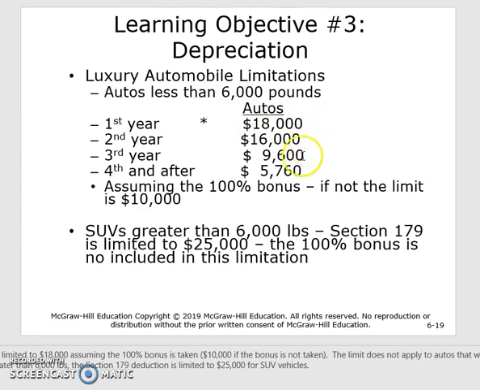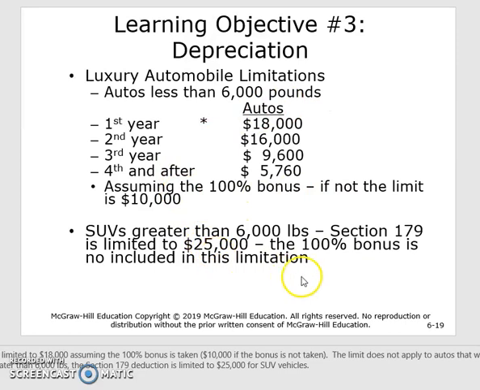The second year is $16,000, third year $9,600, and fourth year and after is $5,760. So this limits the amount of depreciation that can be taken on a luxury automobile. With an SUV that's greater than 6,000 pounds, Section 179 is going to be limited to $25,000, and the 100% bonus depreciation is not included in this limitation.